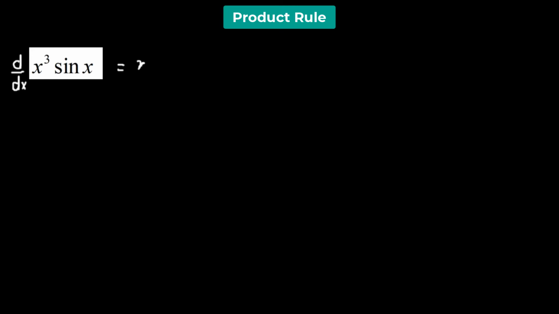So we'll have the first function, which is x cubed, times the derivative of the second function, which is sine of x, plus the second function sine of x multiplied by the derivative of the first function, which is x cubed.